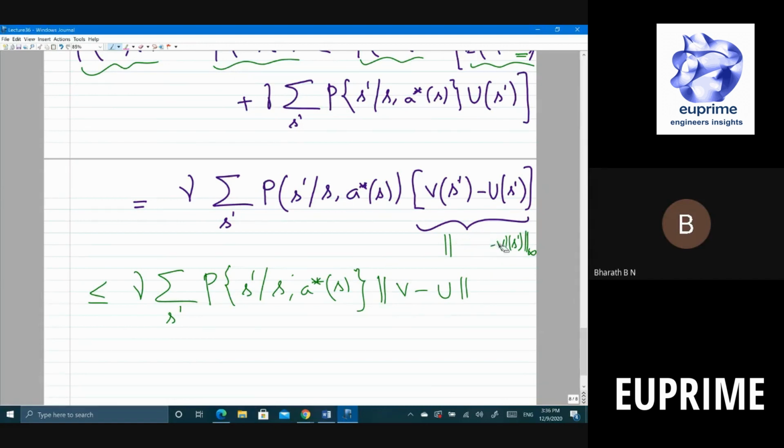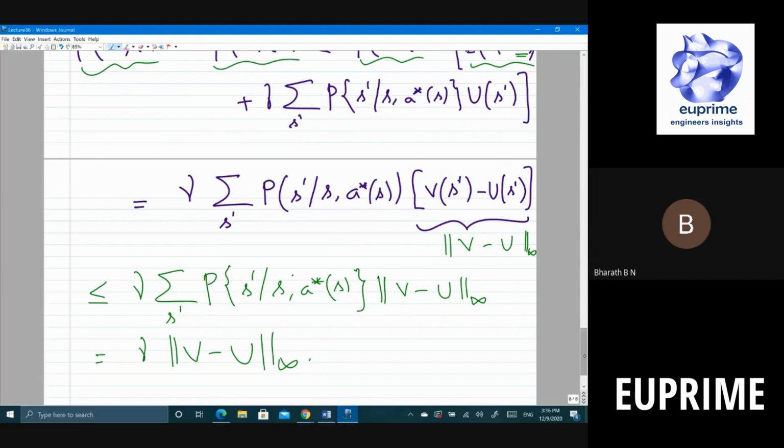I don't need this, right? So I can think of it as a vector and look at the infinity norm. Okay, this is infinity norm. What is this? So V minus U infinity norm doesn't depend on S dash, so I can pull this out of the summation. But if I sum over all S dash, probability of S dash given something, that is 1, right? Because it's a probability. So you'll get this. Do you agree? Is that fine?